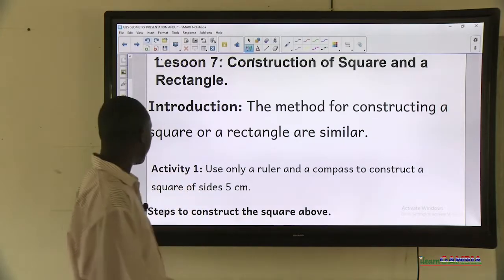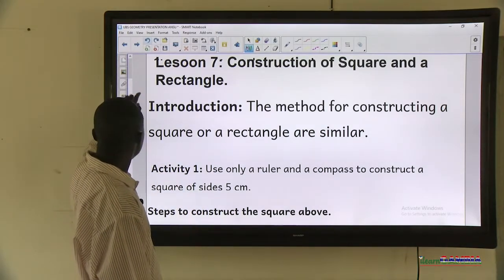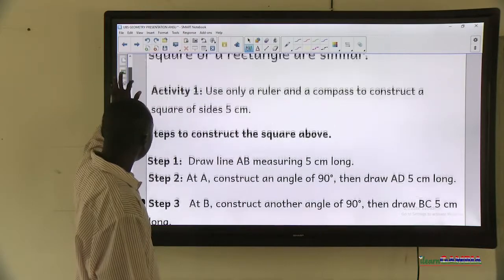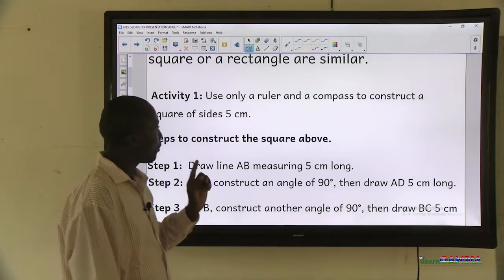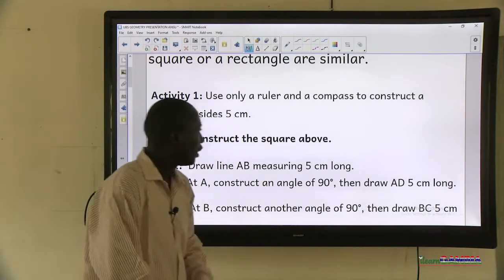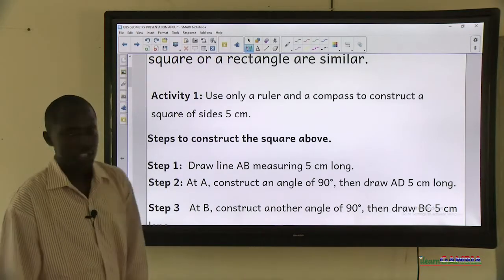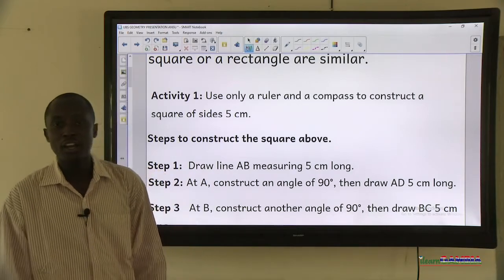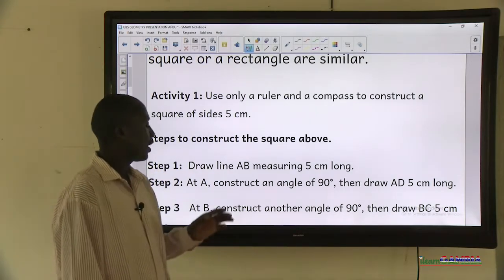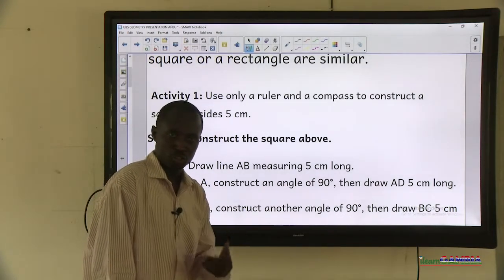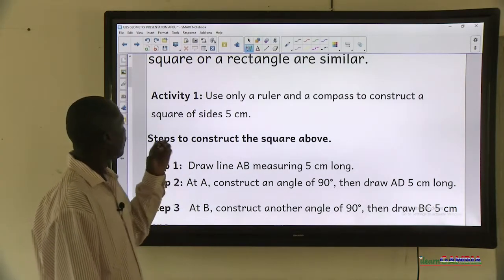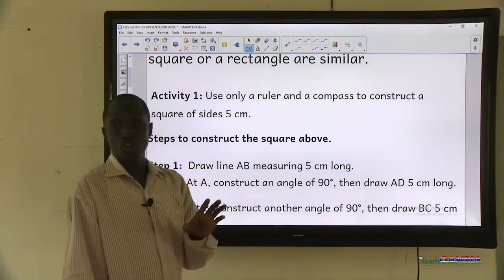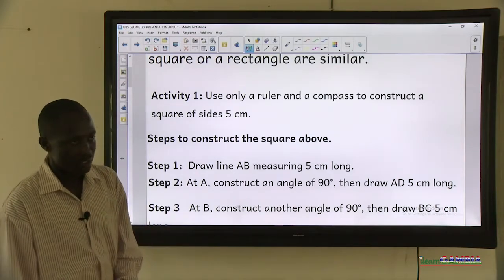So let's look at an example. Our example says, using a ruler and a pair of compasses, construct a square of sides 5 centimeters. We know in a square, all the sides are equal. So if we are to construct a square of 5 centimeters, it means all the sides will be 5 centimeters.